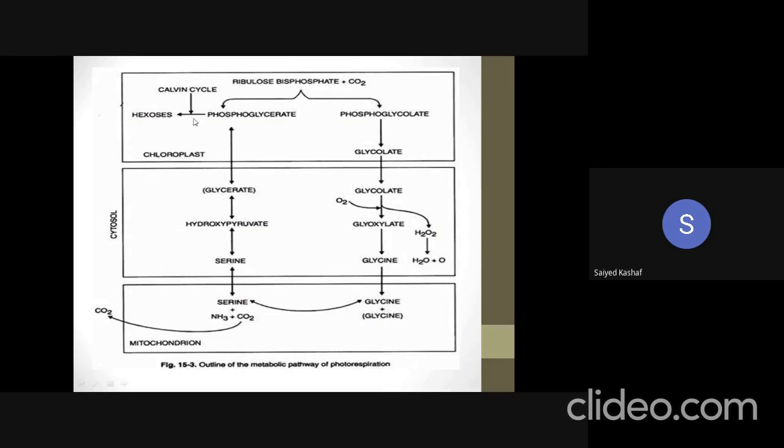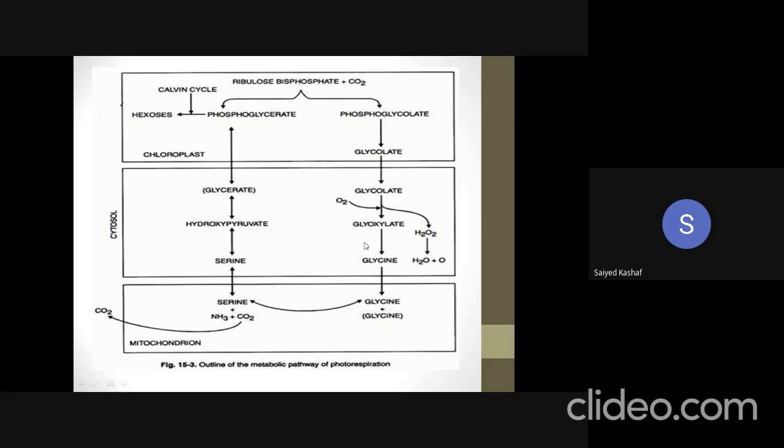It's food for the plant. But what if this RuBP binds with O2? It forms phosphoglycolate, right? This phosphoglycolate, in the presence of ATP and NADH, gets reduced to glycolate, and this glycolate again converts into glycine.